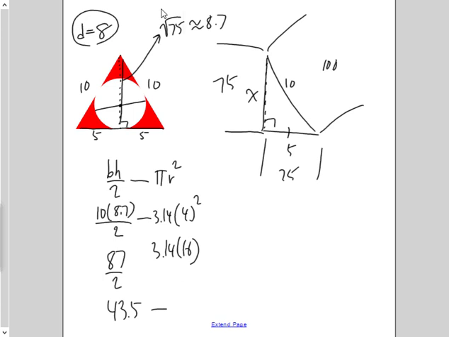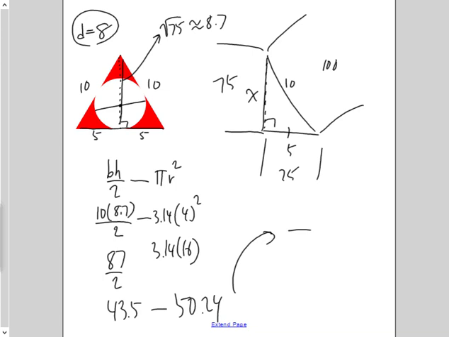Did I make a mistake? We have a negative number? Did you have a negative number too? Maybe I made a mistake. All right, I think I did make a mistake. Anyway, it's 50.24. So when drawing it, I don't think this is a possible triangle. I guess a diameter of 8 is not possible. Anyway, the area of the red is negative.